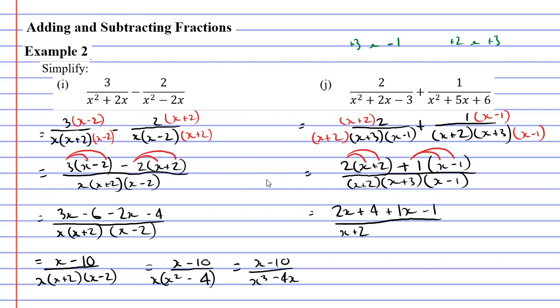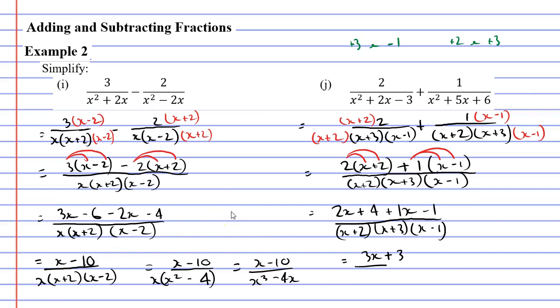We're not going to expand the denominator yet. In fact, I get the feeling I'm not going to even expand it at all. Okay, and quite often that happens. Let's now combine like terms. 2x plus 1x is 3x. And 4 minus 1 is 3. So we get 3x plus 3.